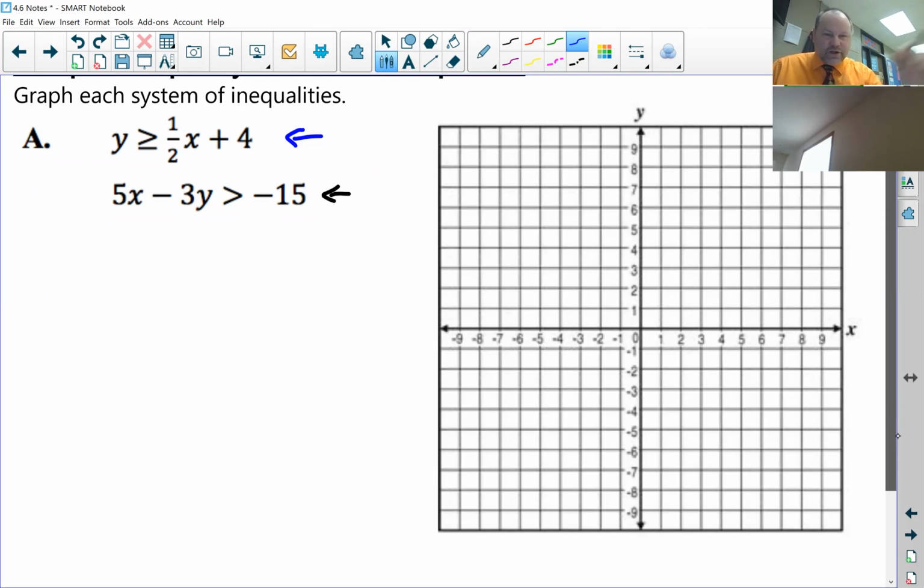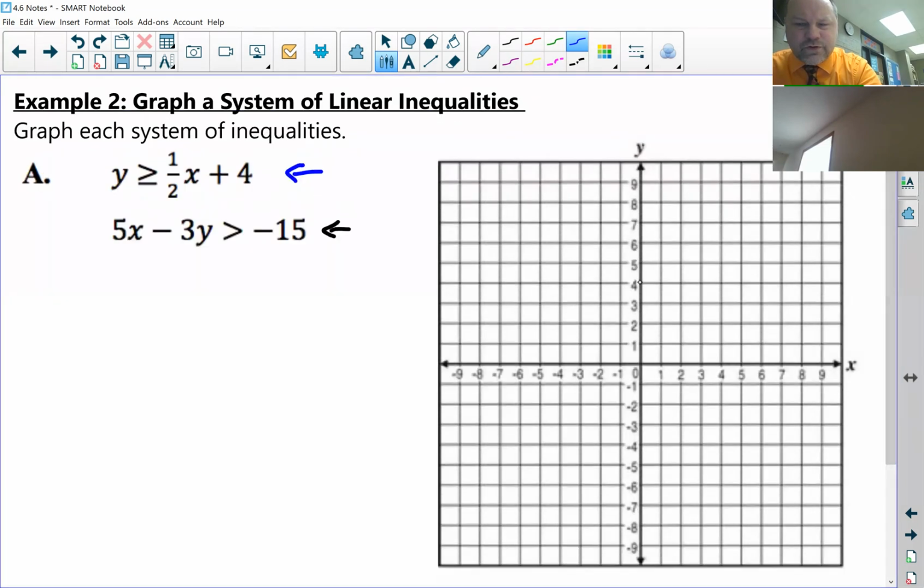But the first inequality is already in that y slope-intercept form for an inequality. So y-intercept at 4, slope of 1/2.